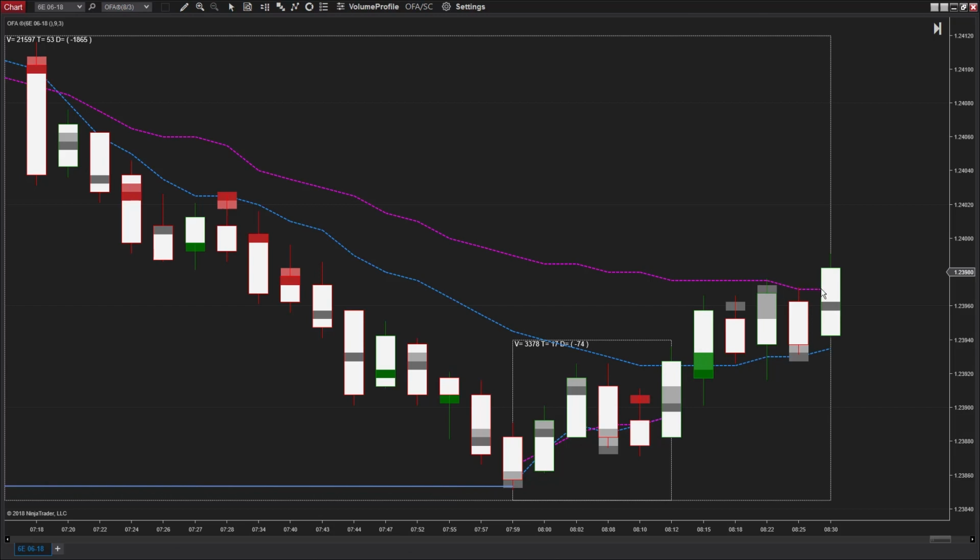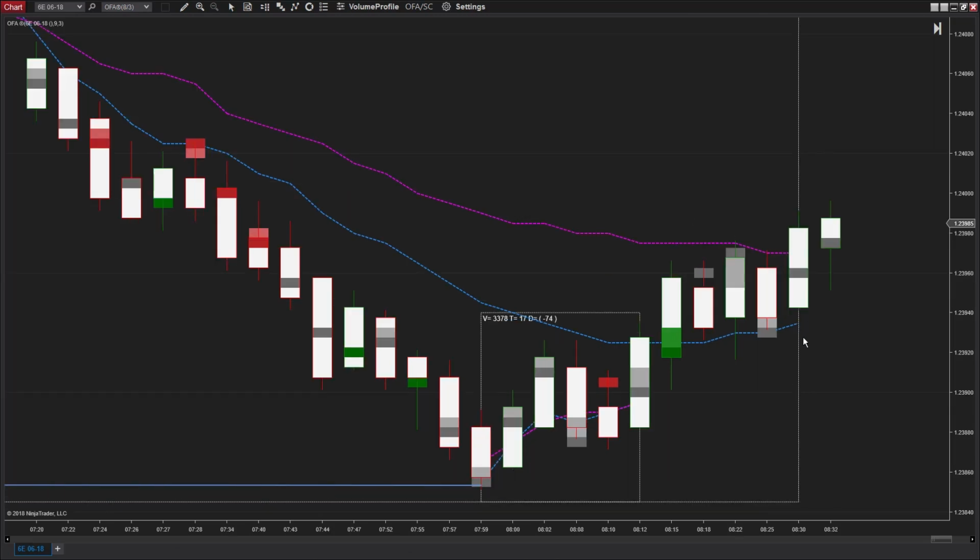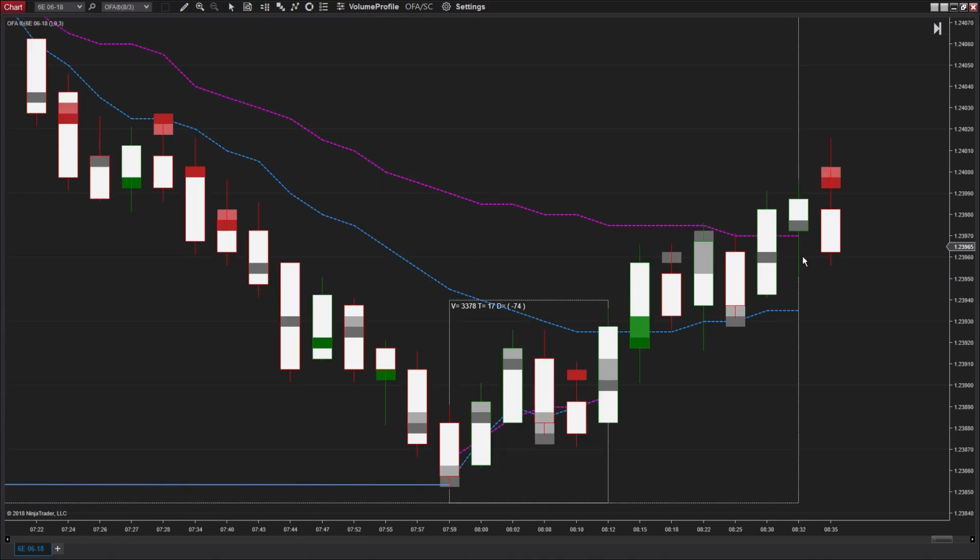So we've breached the volume weighted average price, but we really haven't started trading any sort of volume above it until we get here. This is where we start to fully recognize that we've transitioned from a move lower into a swing higher. This is where we could confirm the swing and begin to start tracking it as an upswing rather than a prior downswing.